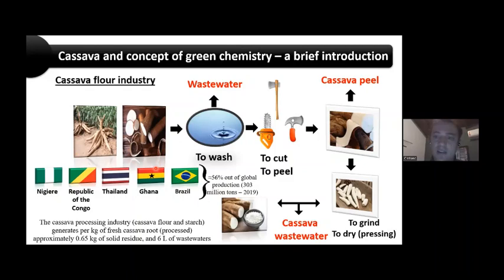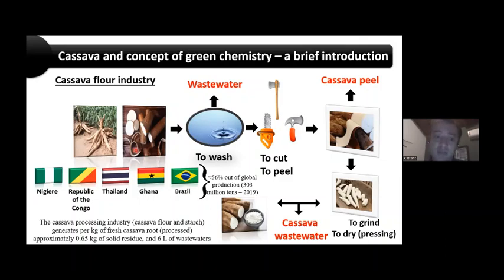Actually, this kind of crop is related with low-income populations. And one of the main products is cassava flour. The whole process of making cassava flour is quite simple.